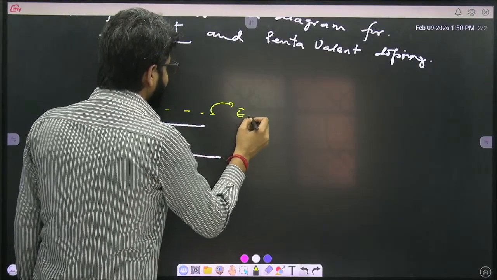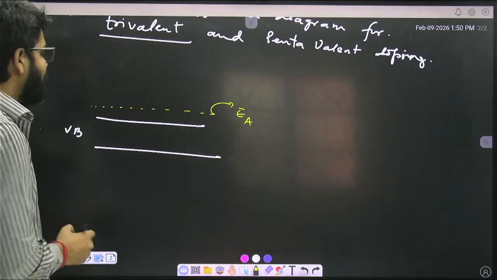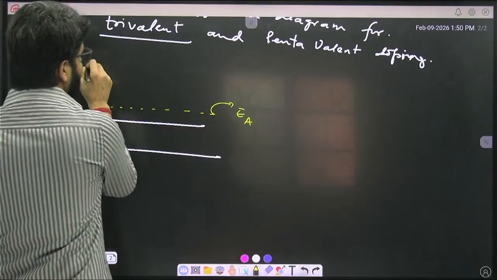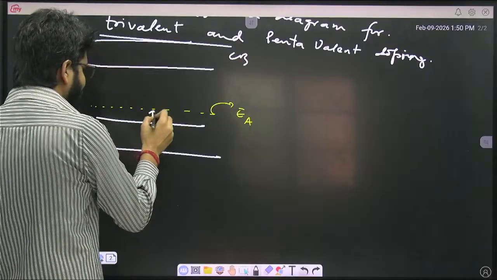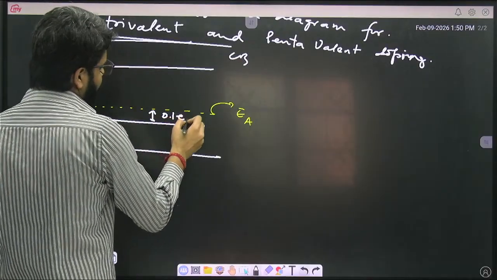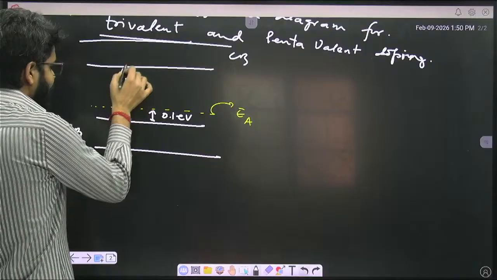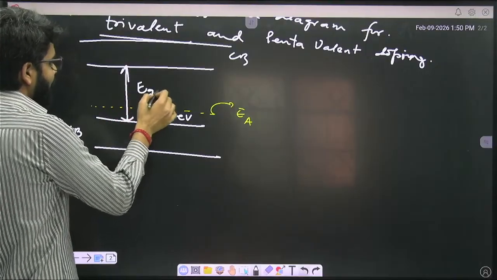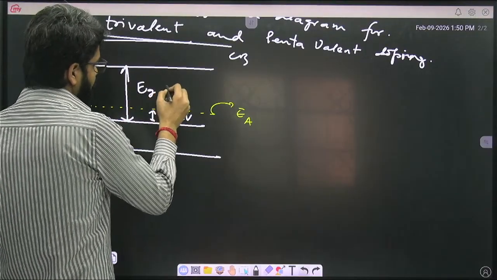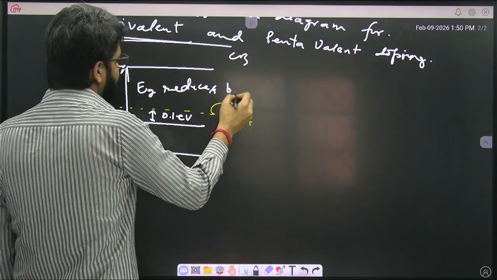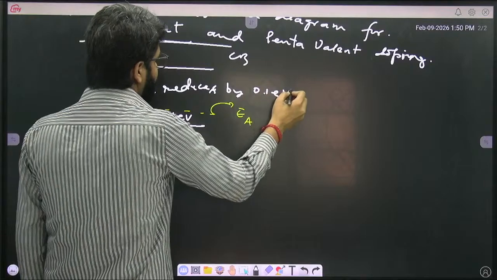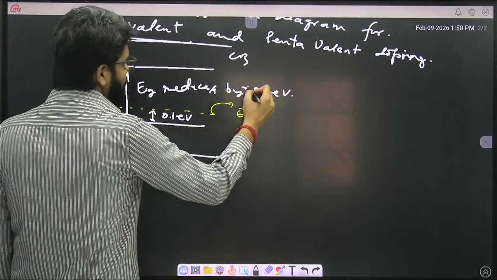This will be called the acceptor energy level, and here you will have the conduction band. I don't remember this value exactly, but it is something like 0.1 electron volt, maybe. So the energy gap reduces by approximately 0.1 electron volt, because I don't remember the exact value.